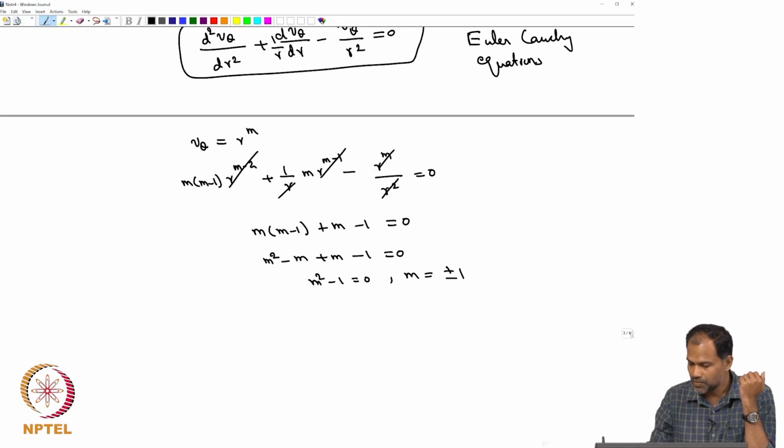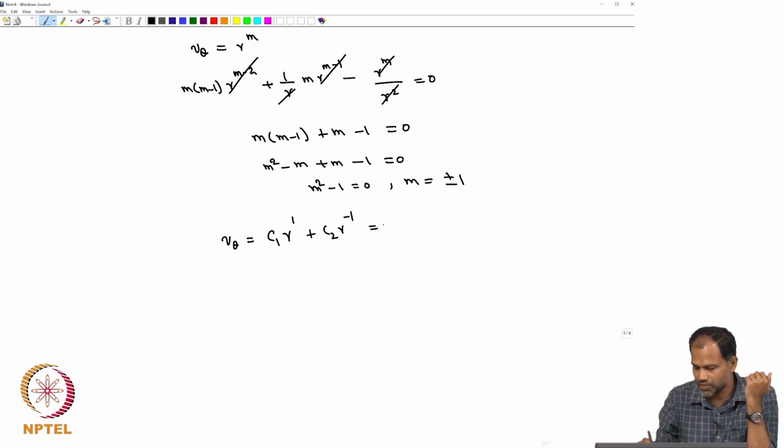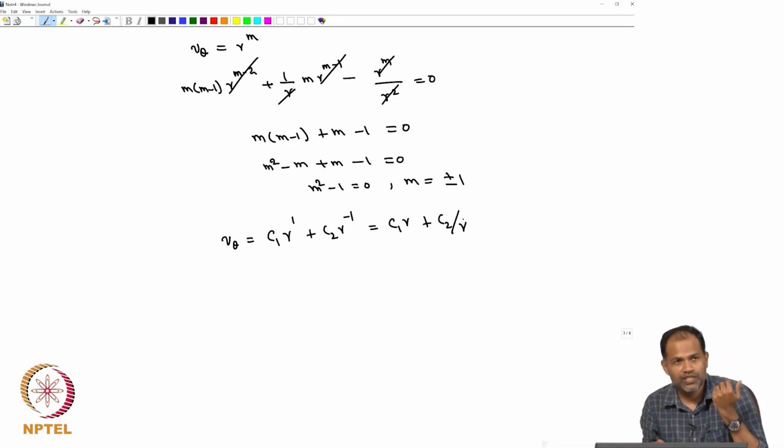That means my solution is going to be v theta equal to c1 r to the power of 1 plus c2 r to the power of minus 1, or I will simply write it as c1 r plus c2 divided by r, where I do not know what c1 and c2 are.